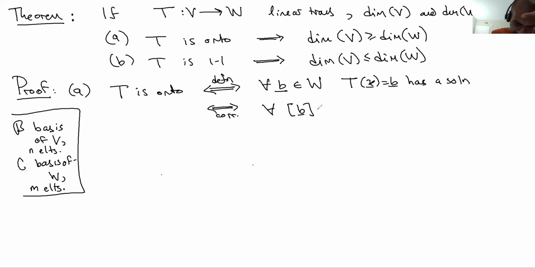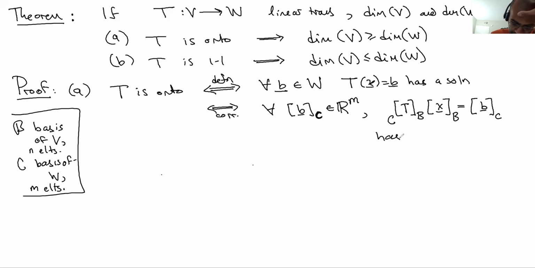Okay. So then the statement is true if and only if it's true for the coordinate vector. So for every coordinate vector of b, which lies in Rm, which is just every vector in Rm, the equation, the matrix of T with respect to these bases times the coordinate vector of x equals the coordinate vector of b in the output basis, has a solution x, which lives in Rn.